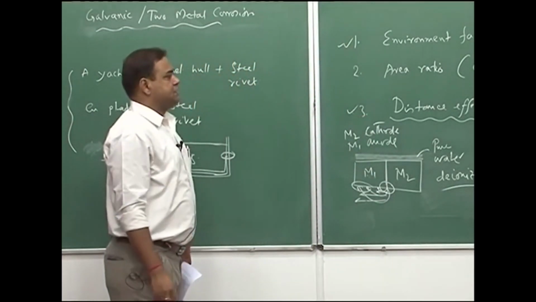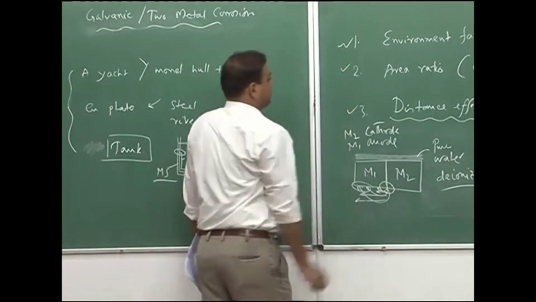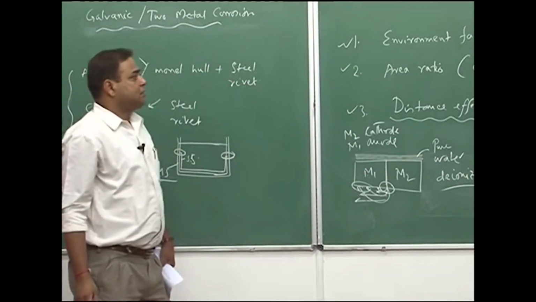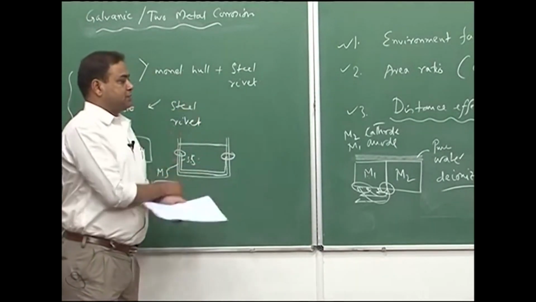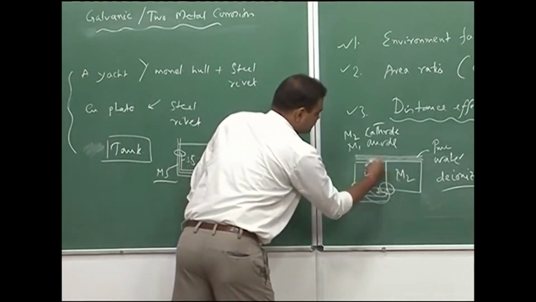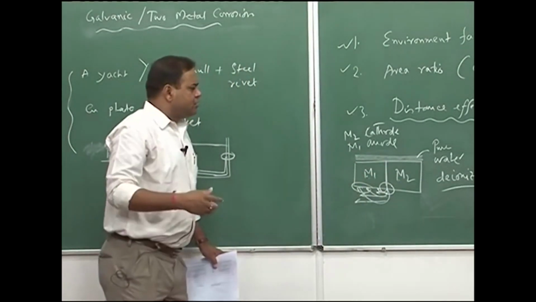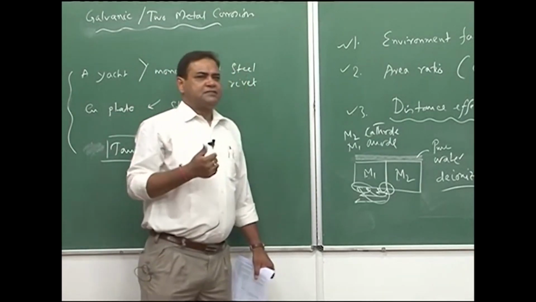Now, the more serious factor is the area ratio, the ratio between the cathodic part and the anodic part, the area factor between these two particular sections. Let us say if M1 and M2 have the same area, then the galvanic effect would be there, but it will not be that serious.